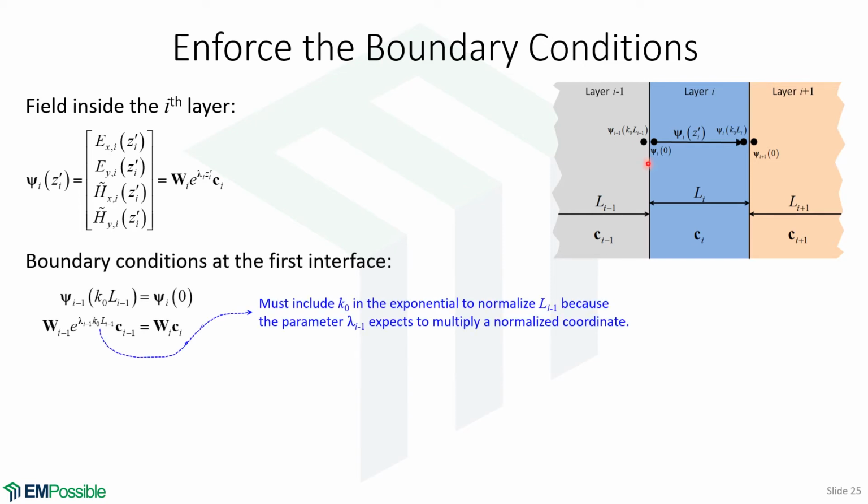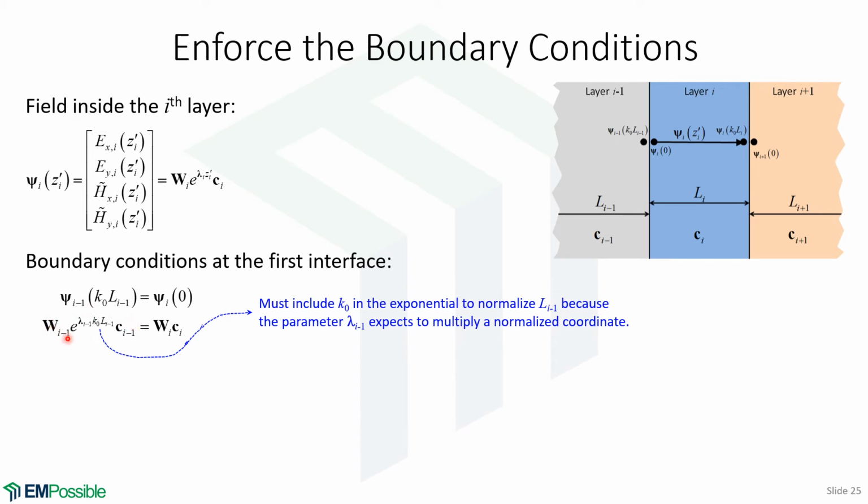Let's look at the boundary conditions at this first interface. So we really need to set psi sub i-1 at k naught times L sub i-1 equal to psi sub i at z equals 0. And now we borrow our general expression for the field, and we write these. Well, in the i-1 layer, it's the eigenvector matrix sub i-1 with our exponential, with our eigenvalue matrix sub i-1, and our mode coefficients sub i-1.